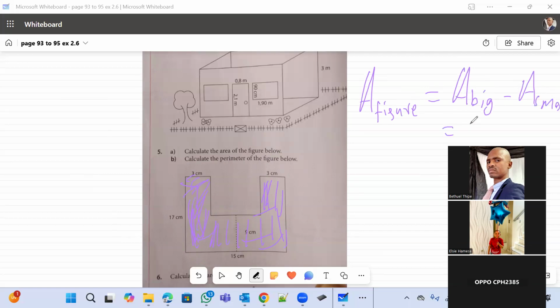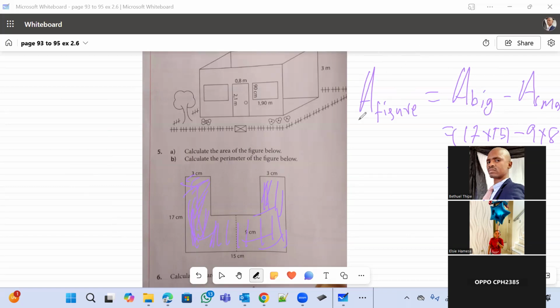Which big shape are we talking about? The one of 17 by 15, minus the area of the small. Which small part? The one that we said is 9 times 8. Then you get your answers.